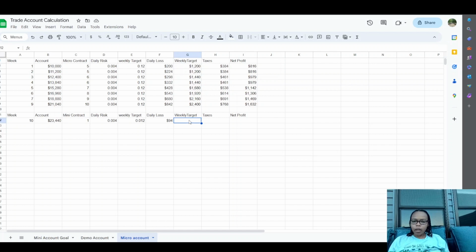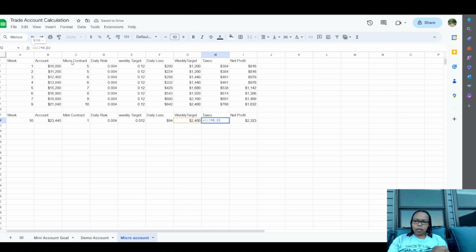So the weekly target, if I'm trading 3 times a week, is still 2,400, and the taxes are going to be that times 0.32. So net profit will be this, that minus that.